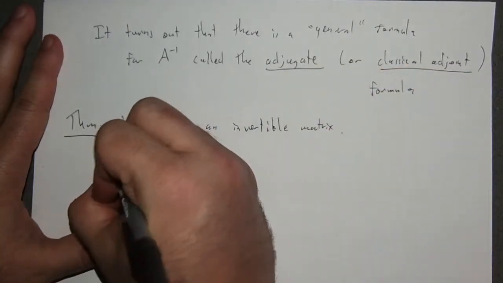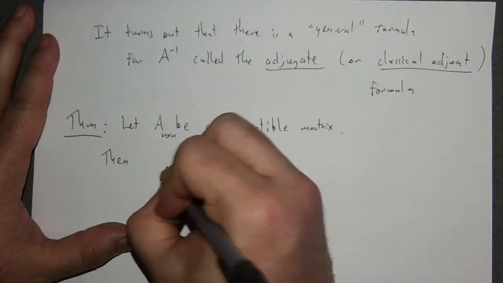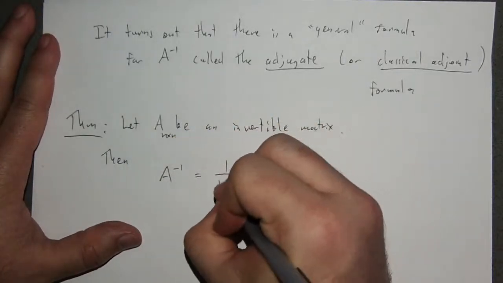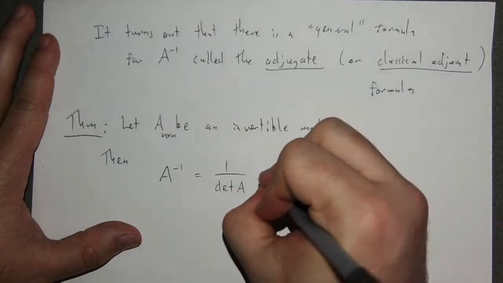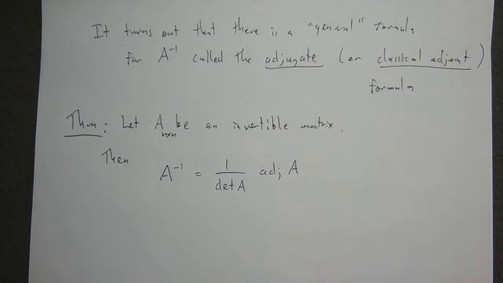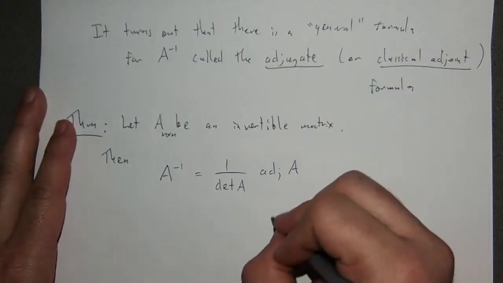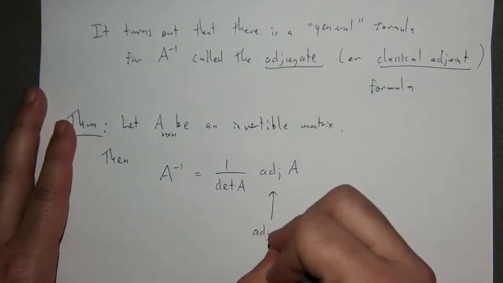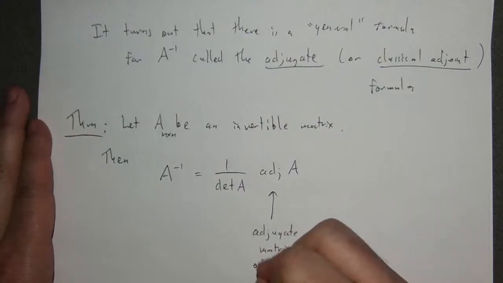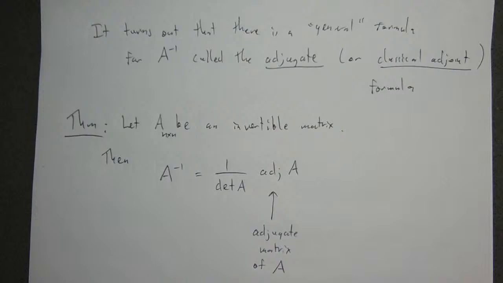Then A inverse is equal to 1 over the determinant of A times the adjugate matrix of A. What is the adjugate matrix of A? So the adjugate matrix of A is the matrix of transposed cofactors.